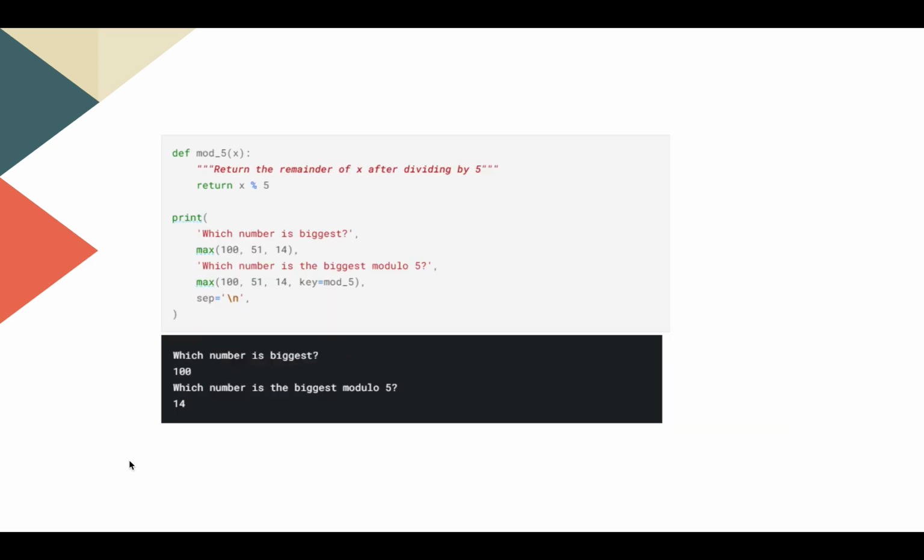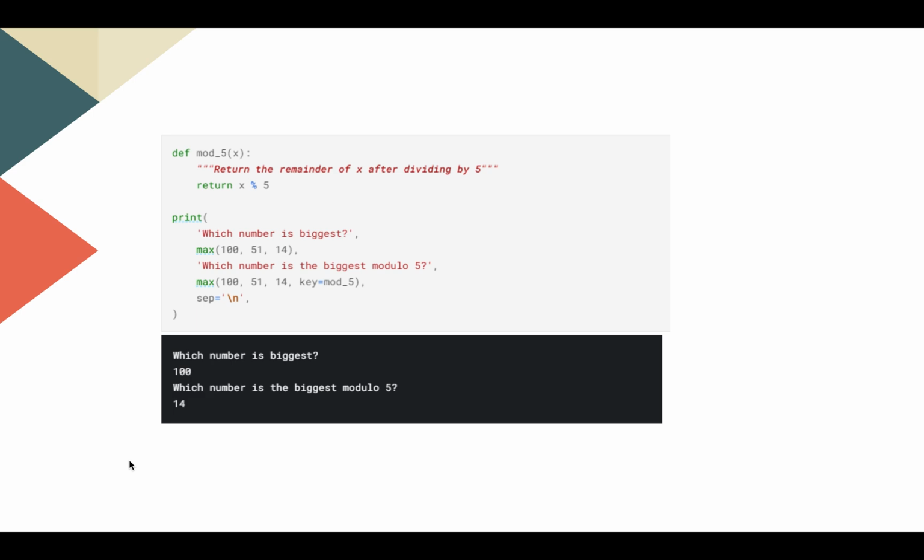Functions can also go inside the built-in functions, and we've already met this function max, which gives us the maximum variable. Actually, there was a hidden variable which could go inside this function, which is called key. We can find that such a variable exists by looking into max with the help function. Anyways, key returns the variable that is the largest after applying the key function to each variable.